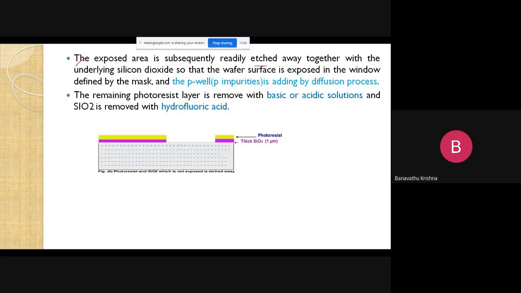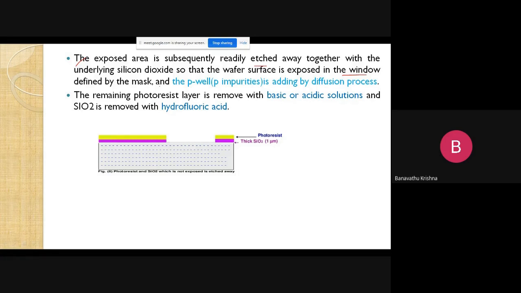This area, where we need to diffuse the P-well impurities into the N-type substrate, is removed. So the wafer surface is exposed in window form like this area.